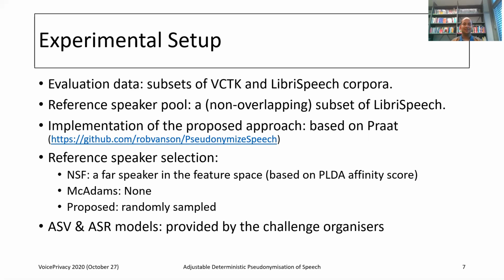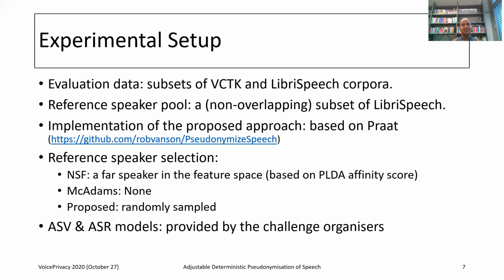I just want to give a comparison of how the reference speakers are selected. In the neural source filtering model method, one of the farthest speakers in the feature space is selected as a reference for anonymization. The nearness or farness is based on the PLDA affinity score.